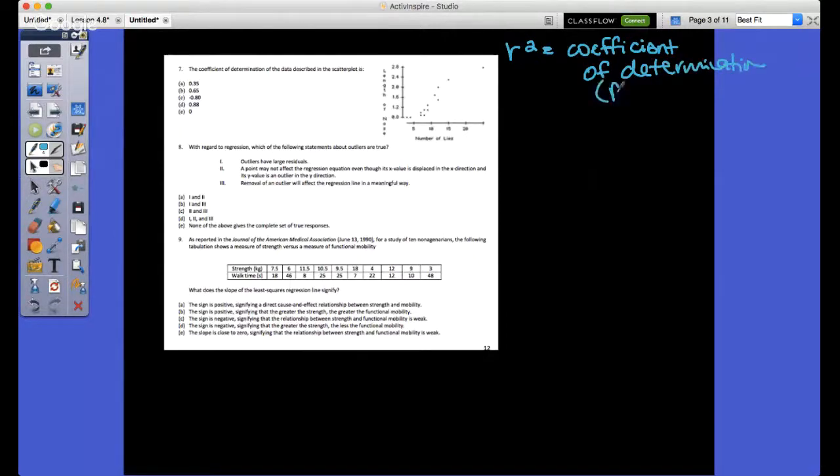Remember, this is also power. So you think of power, it's like determination, I feel like it goes hand in hand. R is the coefficient of correlation. So if you see R, we've always referred to it as R or R squared. R squared is coefficient of determination. R is coefficient of correlation.